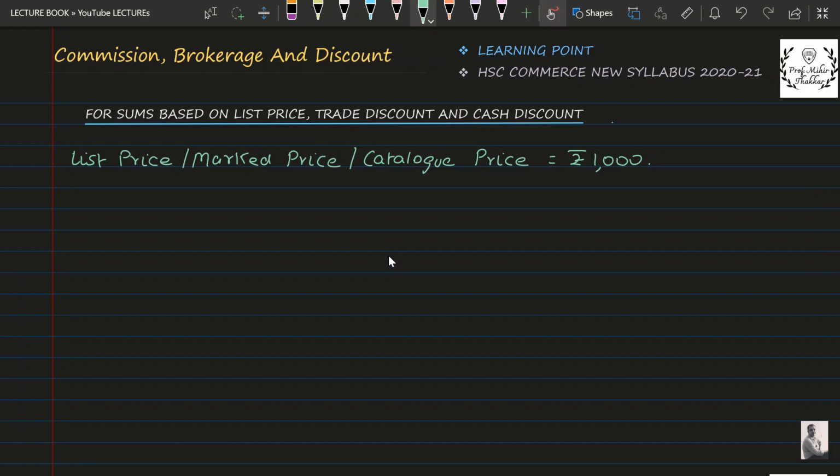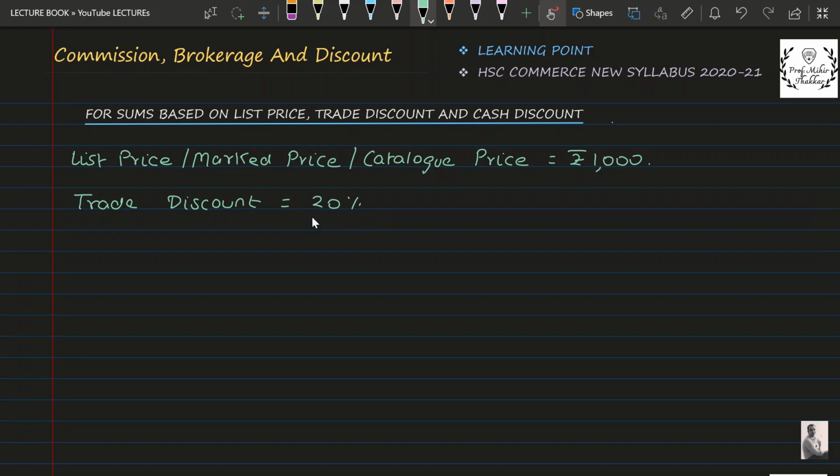First, I'll take the example. We will see how to solve, and then based on that example, I'll give you all the general formulas one by one. So, suppose you ask the shopkeeper for a discount, and the shopkeeper says, "Okay, I'll give you a 20% discount." The discount that the shopkeeper gives is called trade discount. So trade discount is 20%.